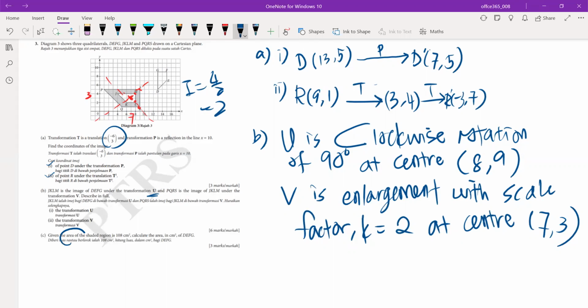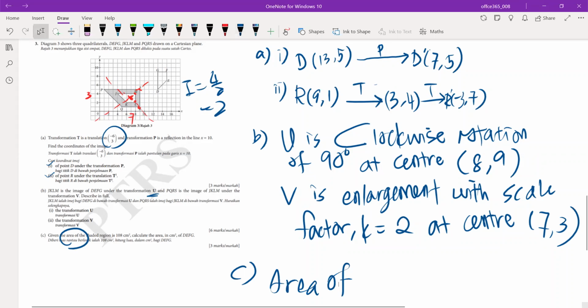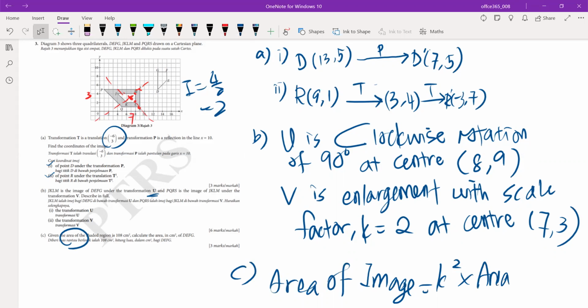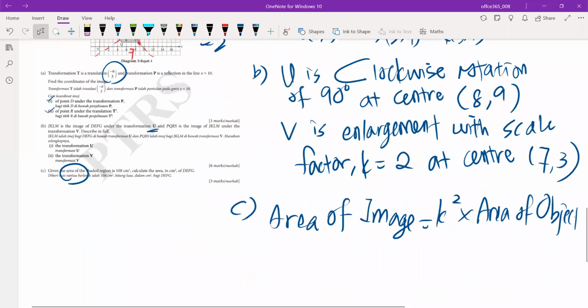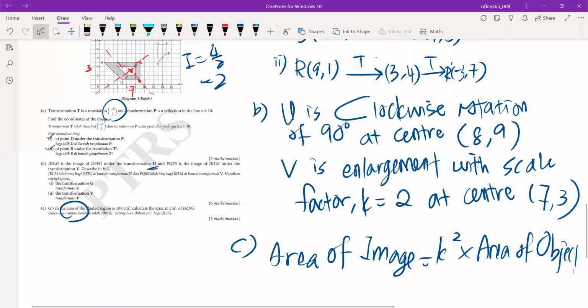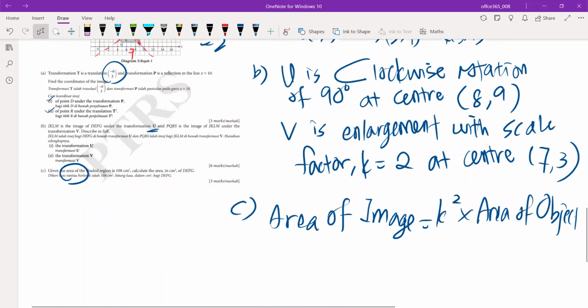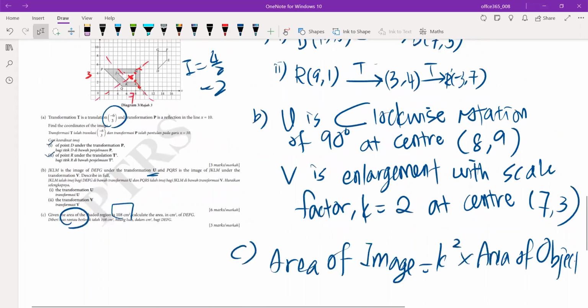And also find the area. Always when you solve enlargement area, right, you have to recall back this formula. Area of image equals to k squared times area of object. Area of image, they give you shaded region is 108.